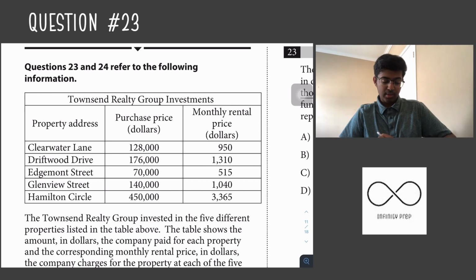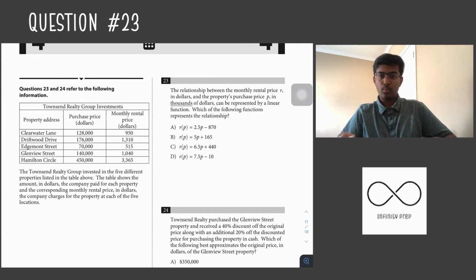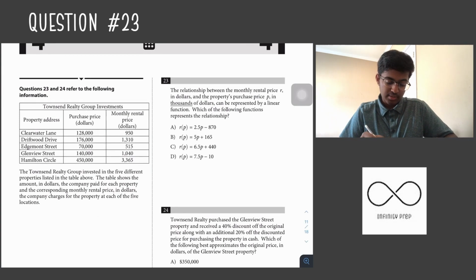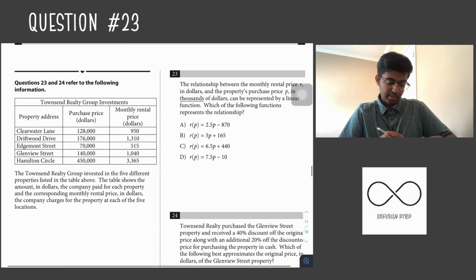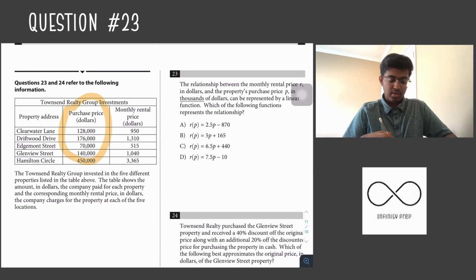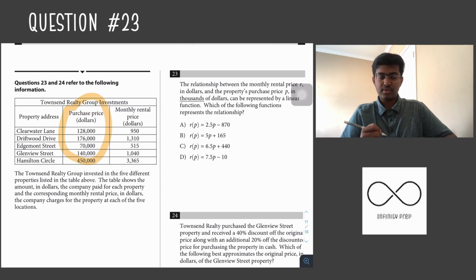If we plug in 128,000 into P, that wouldn't work, because it would imply that the price is 128,000 times 1,000. So when we plug any of the purchase prices into the equation, we have to divide them by 1,000 first and then plug them in.